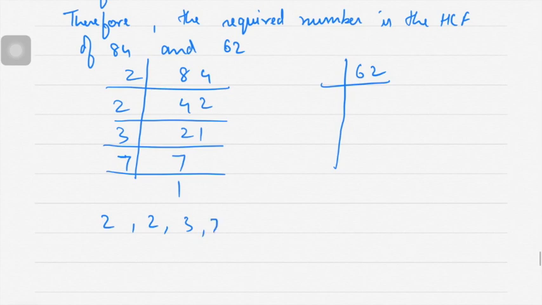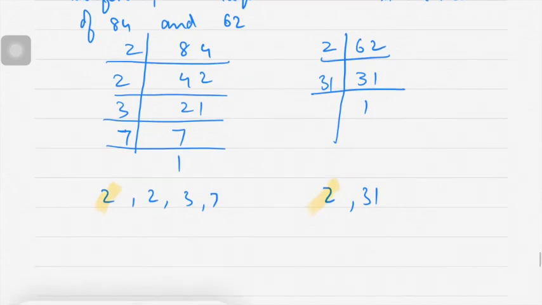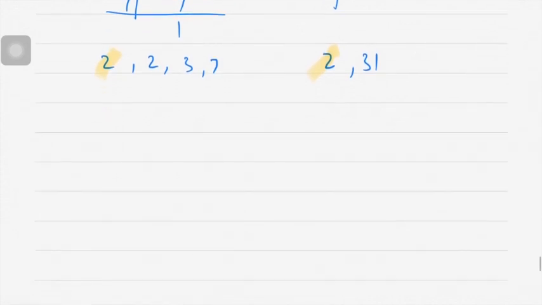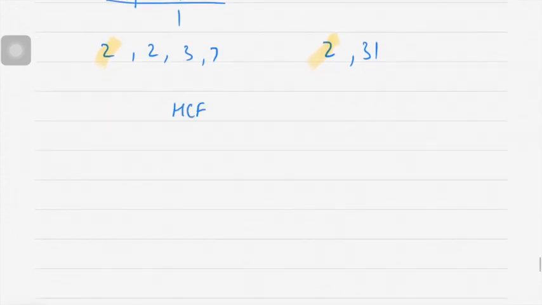So the prime factors of 84 are 2, 2, 3 and 7. Let us find the prime factors of 62. 31 is a prime number. So the prime factors of 62 are 2 and 31. So the common factor is 2, right? So HCF will be 2.